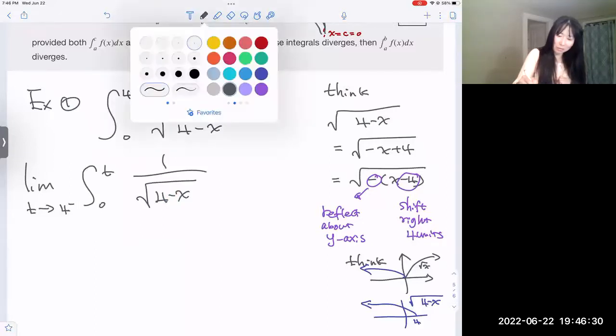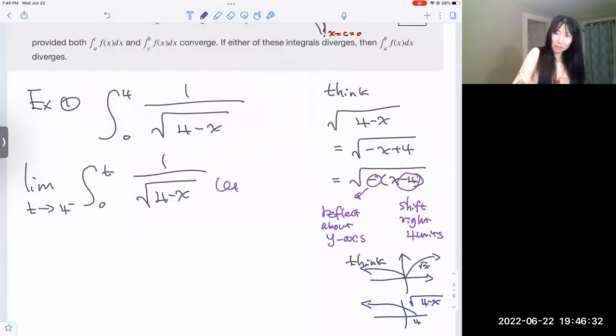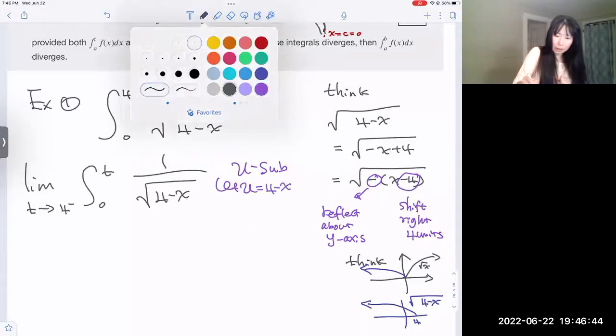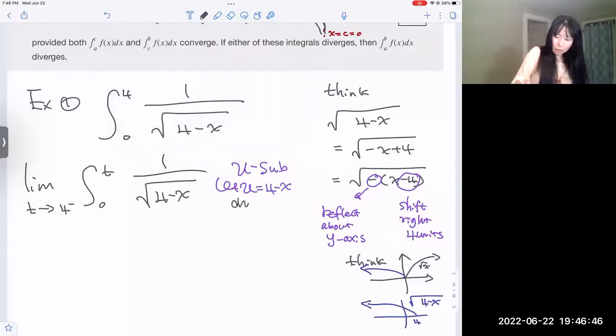Go. Let u equal to what? 4 minus x. Very good. 4 minus x. Then du, which is minus dx, right? So we don't have a negative, so we divide by -1 there, right?